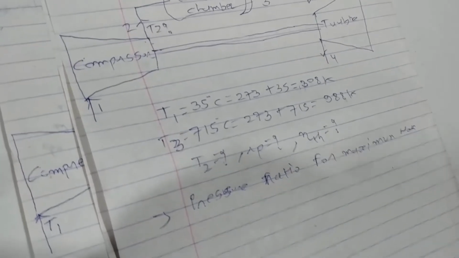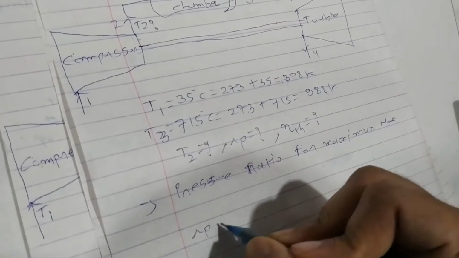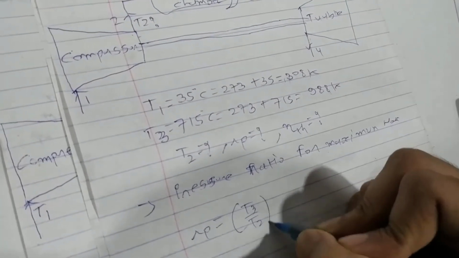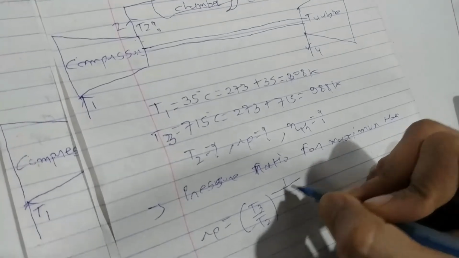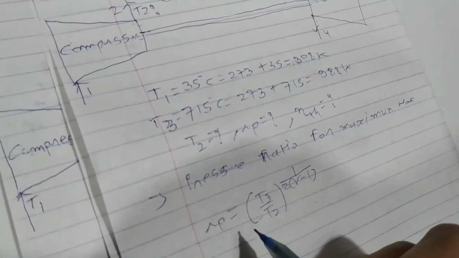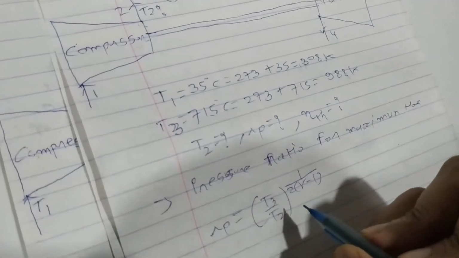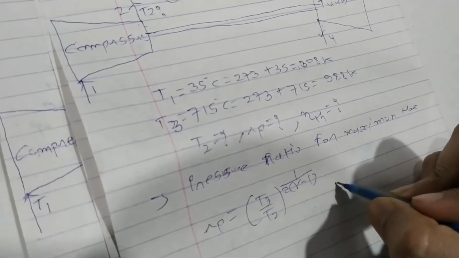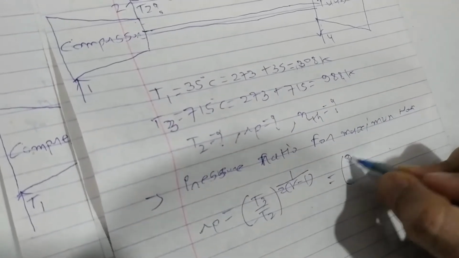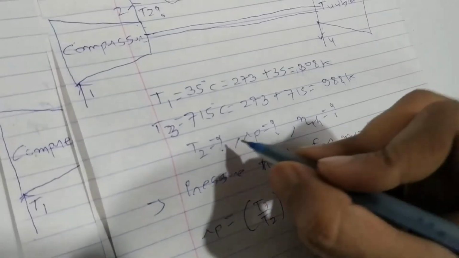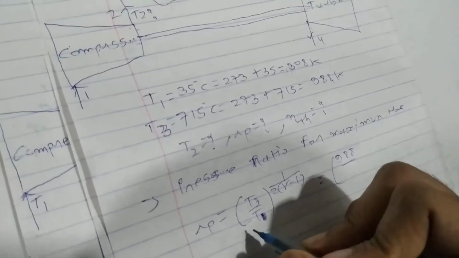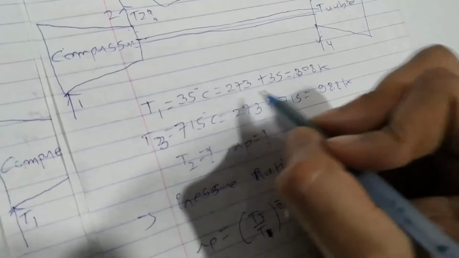So what is the formula? The formula is pressure ratio is equal to T3 upon T1, raised to gamma upon 2 into gamma minus 1. This was the formula which I derived in my previous lecture. The value of T3 is 988, and T1 is 308.